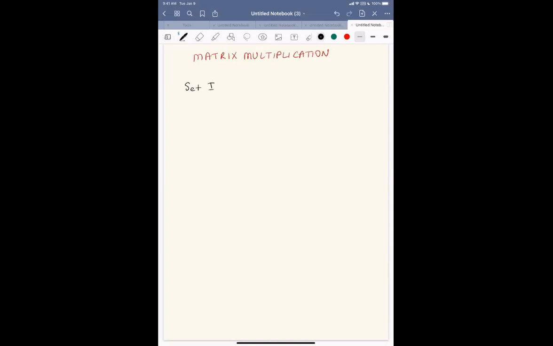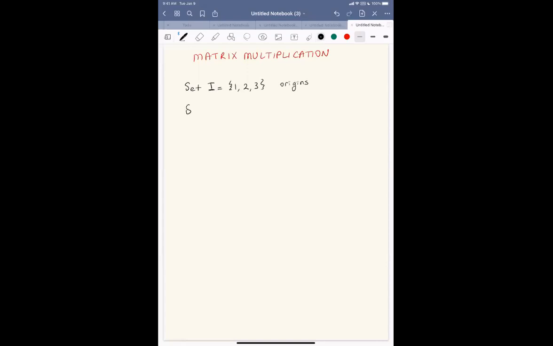We have a set I, which is our index set, and say this has 3 elements, and say this represents a set of origins.